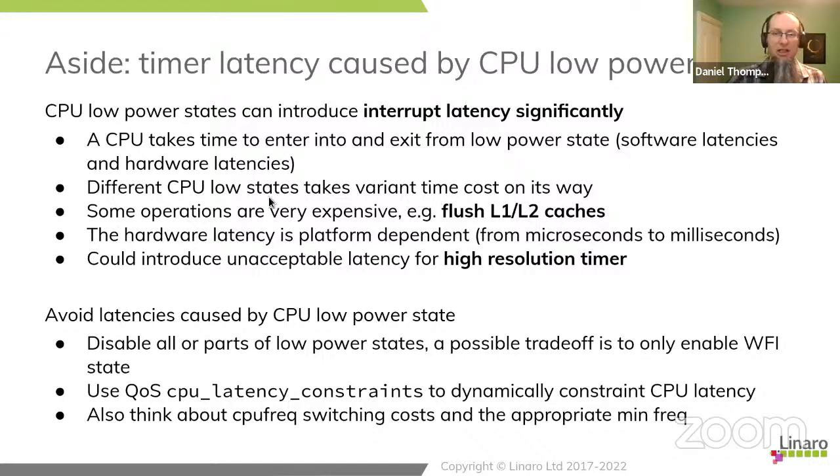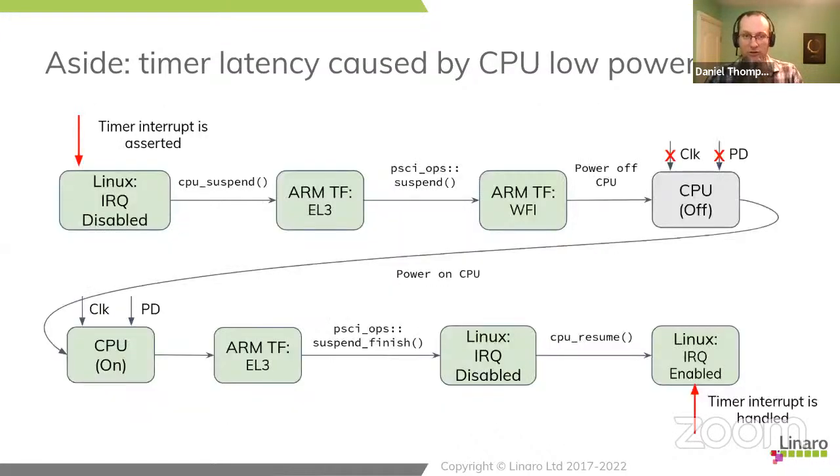The hardware latency associated with this is entirely platform dependent. So whether it's going to produce a problem is going to depend on your hardware and what you do with it. It may also depend on your firmware implementation, because you might be able to do things like, while you're flushing the cache, recognize that a signal has come in to wake us up and abort.